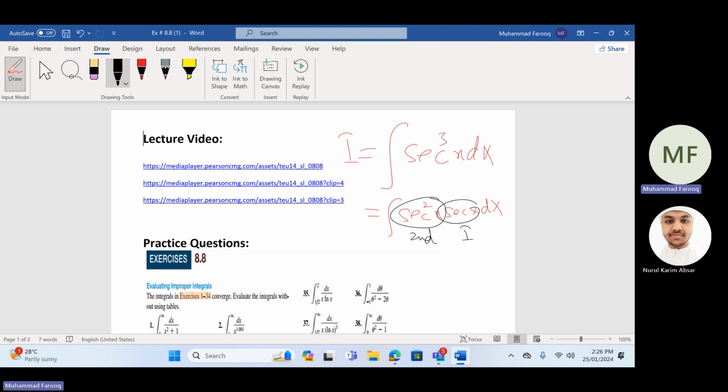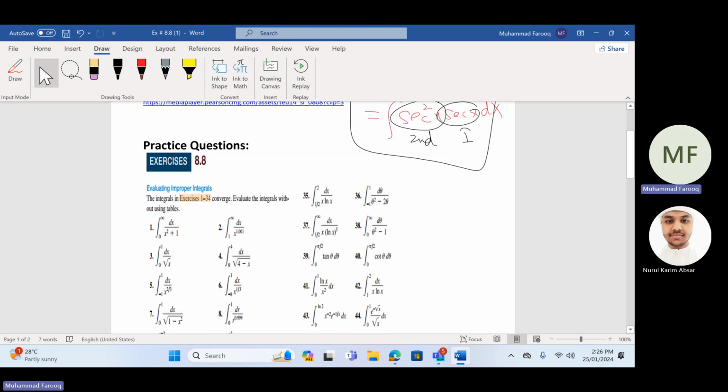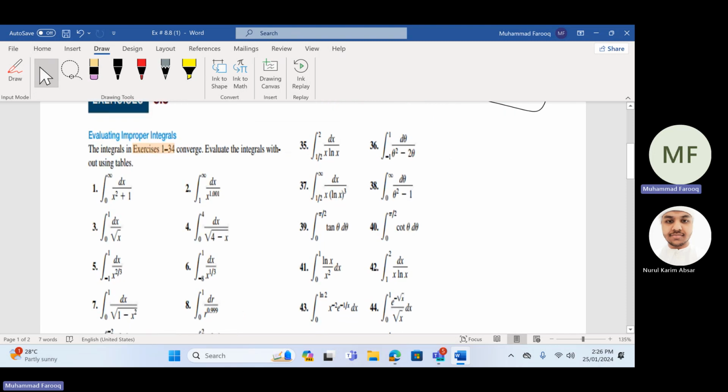As I told you, the example is given in the ebook before exercise 8.4, because it is a special case. I forgot to discuss it with you, but it's fine. We will not consider it for the exam.